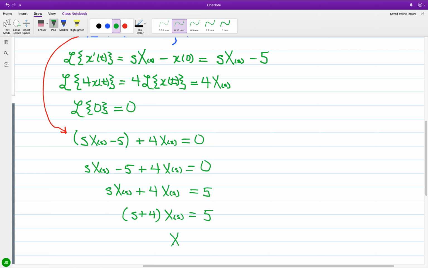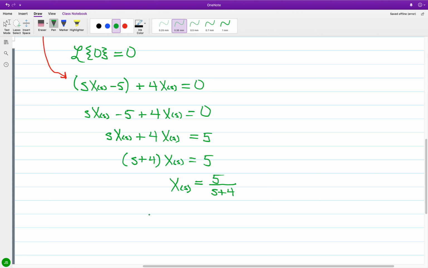And so x of s is going to be equal to 5 over s plus 4. What is going to occur is that the solution for x of t is going to be equal to the inverse Laplace transform of 5 over s plus 4.